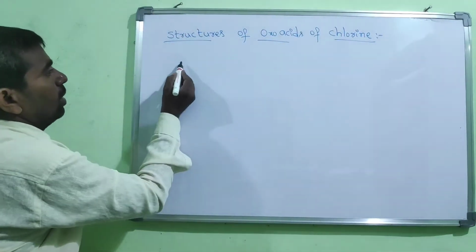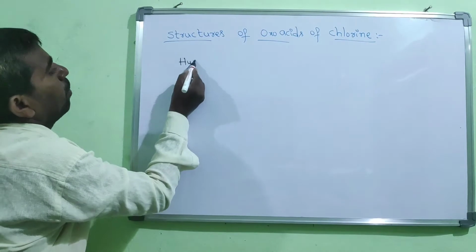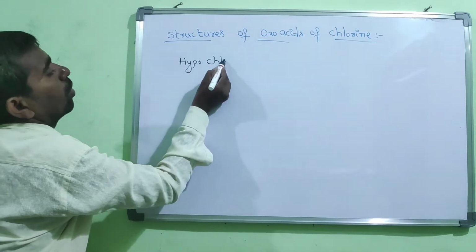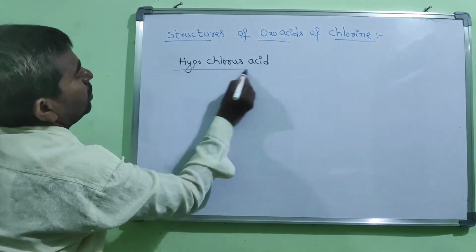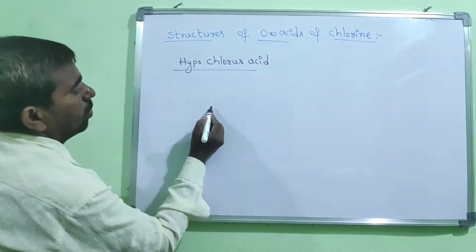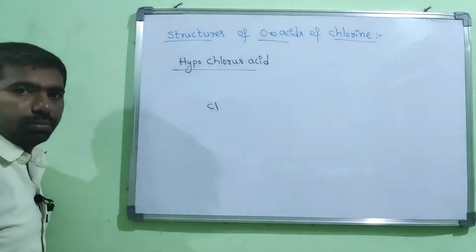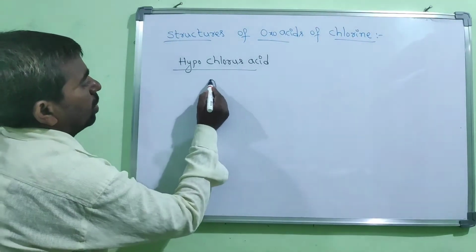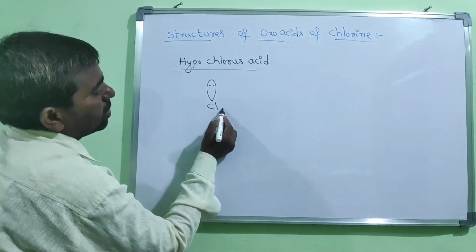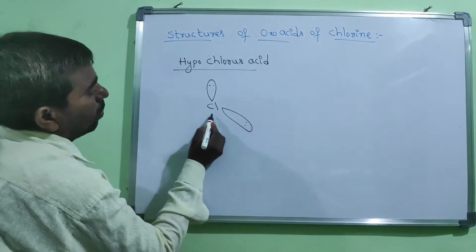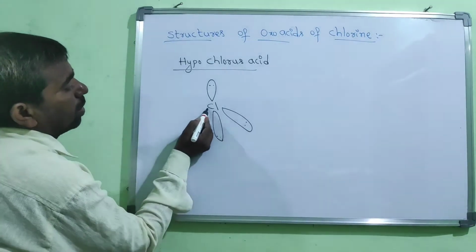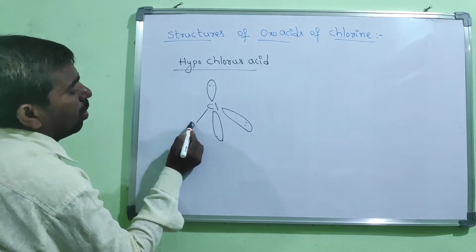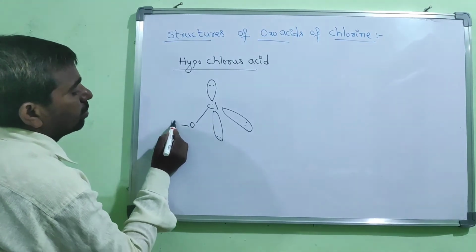First one is hypochlorous acid. The central atom is chlorine. There are three lone pairs on the chlorine, and another bond with the oxygen.